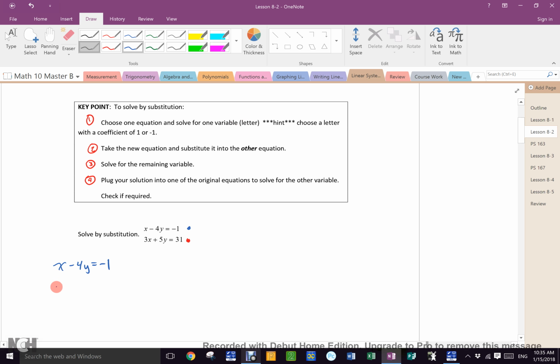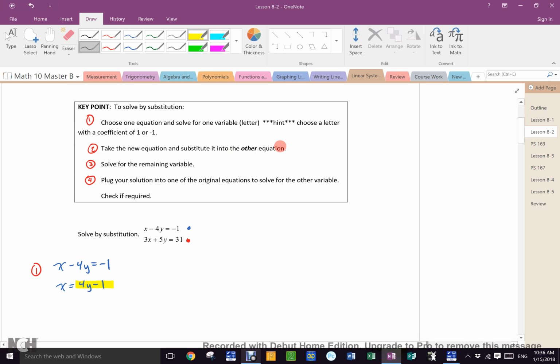So x equals 4y minus 1. Does everyone see what we've done there? This is step 1. And we are now to the point where x is 4y minus 1. Is everybody cool? Is there anybody that doesn't understand what we did there? Okay.